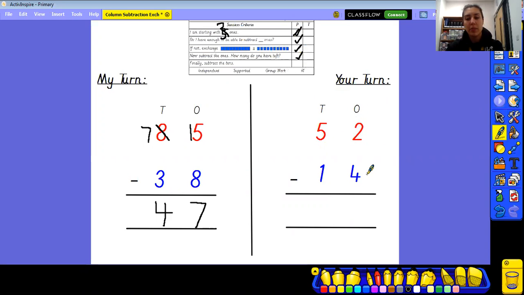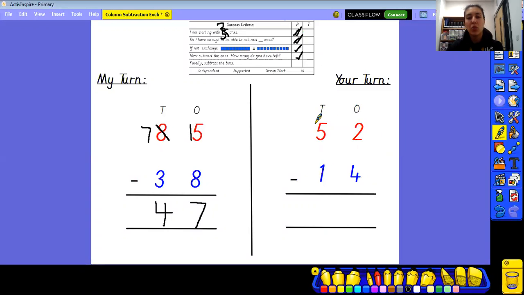Do I have enough to be able to subtract 4 ones? No, I don't, because 2 is smaller than 4. So what do I need to do? I need to get myself some more ones here to be able to subtract 4. Where can I get myself some more ones from?